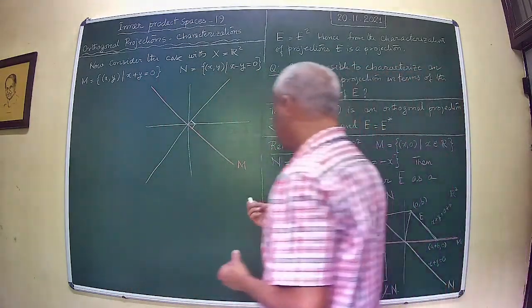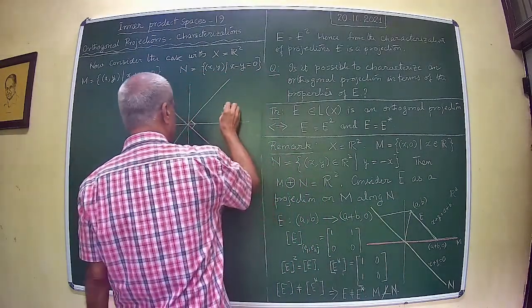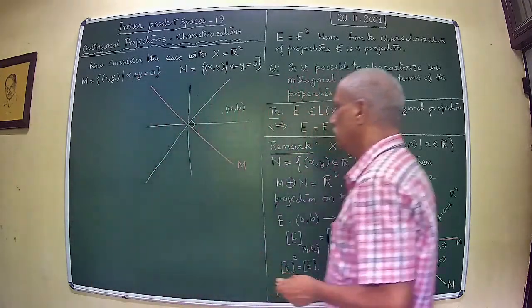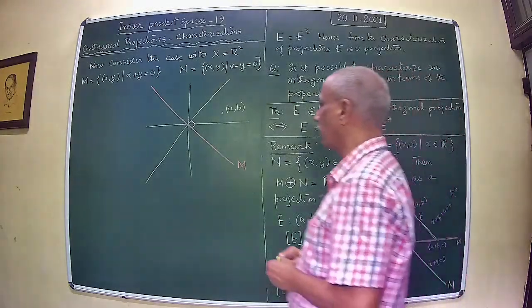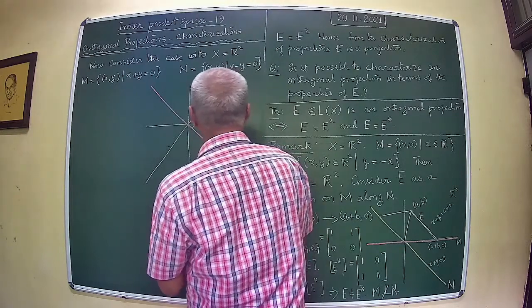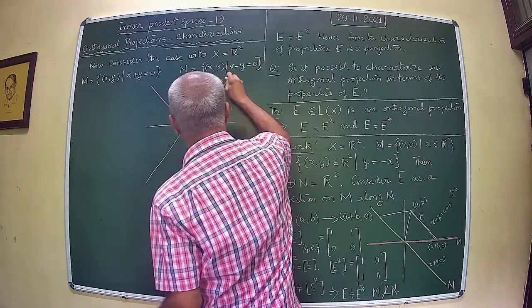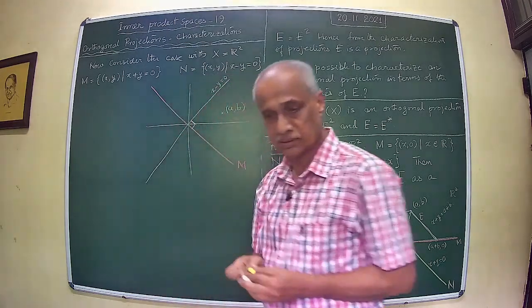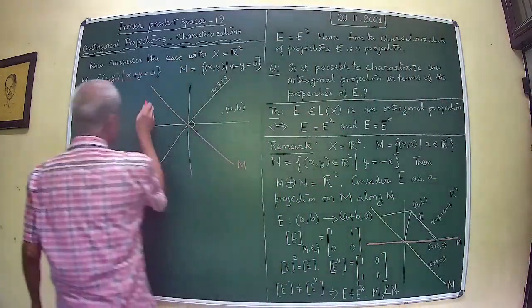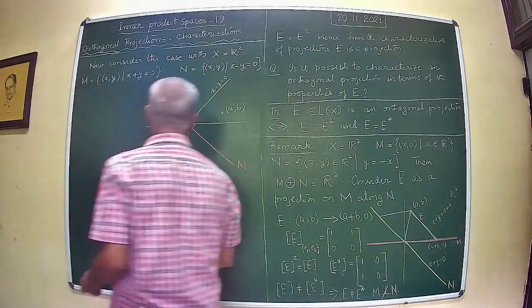Now let us take some arbitrary AB. Although I have marked it in the first quadrant, it doesn't matter. It is true in any quadrant. Now we are trying to work out this line x minus y equal to 0, and this is of course x plus y equal to 0.